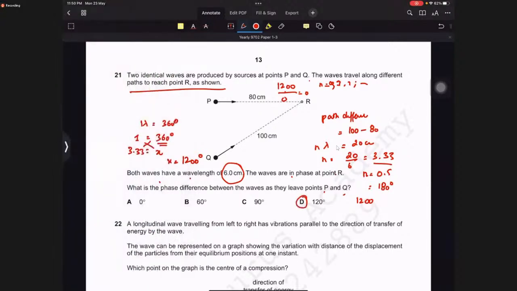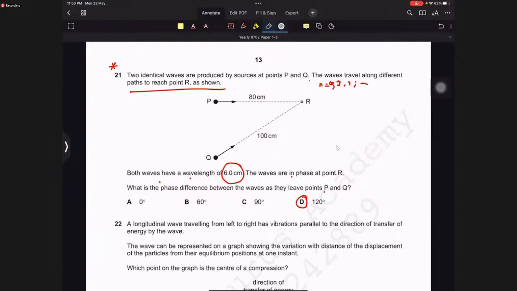So I have to check again and again. This is also a very tricky question, actually. So basically what I did was I'll explain it again because this might be very tricky for you. I said the path difference is equal to 100 minus 80, so I'll get 20. And then path difference is n lambda. So I tried to find n, as the wavelength is this. So n was 3.33.